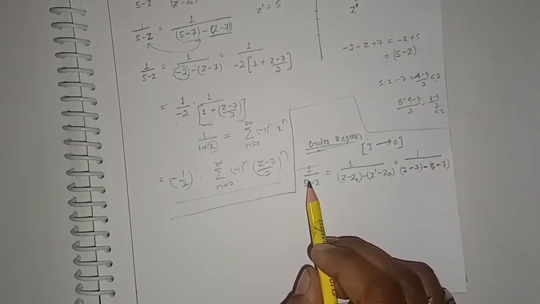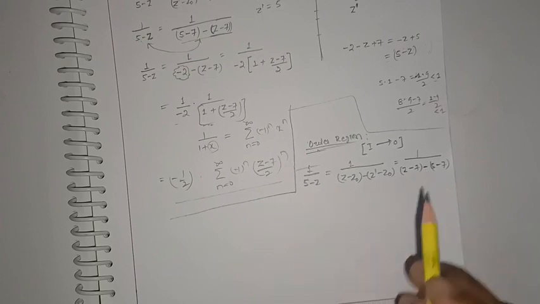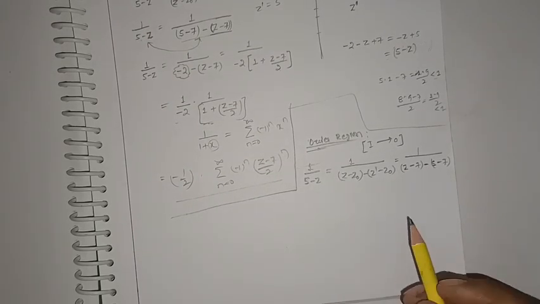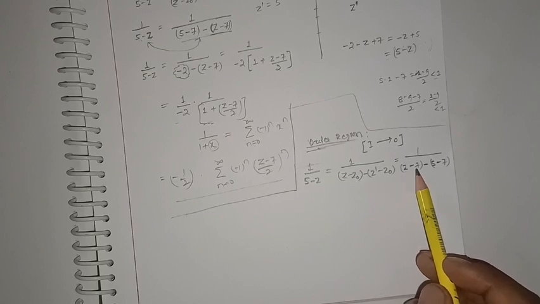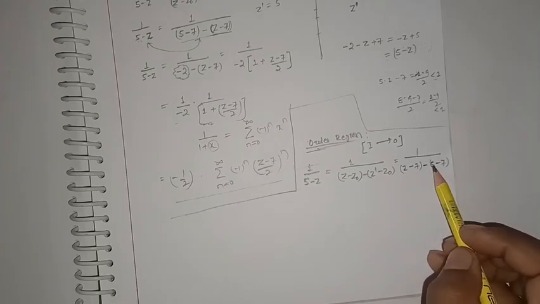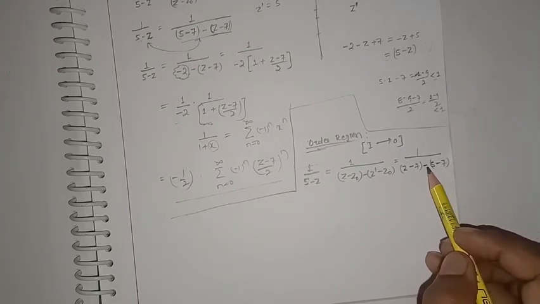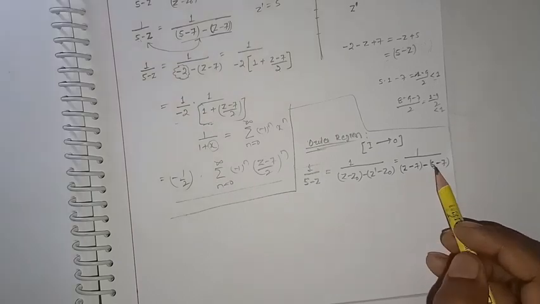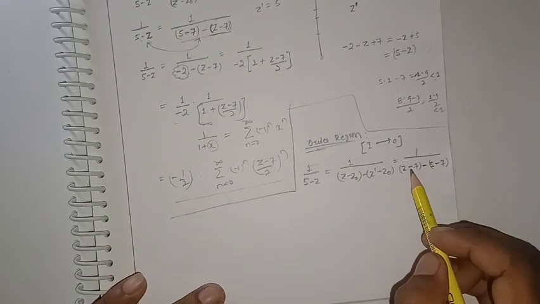Now compare this with this one. Here you can see z minus 7, here 5 minus 7 means minus 2, so plus 2, and here minus 7.